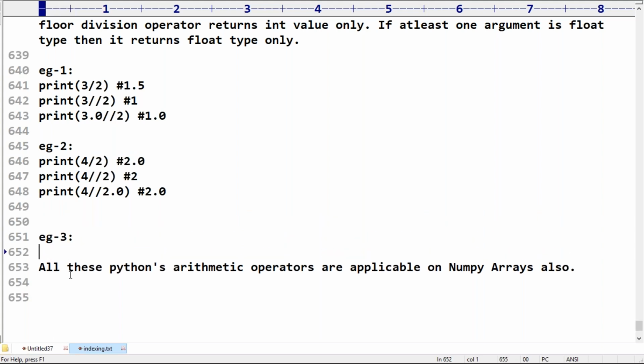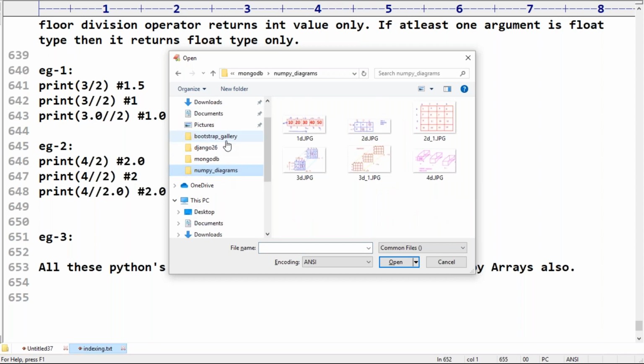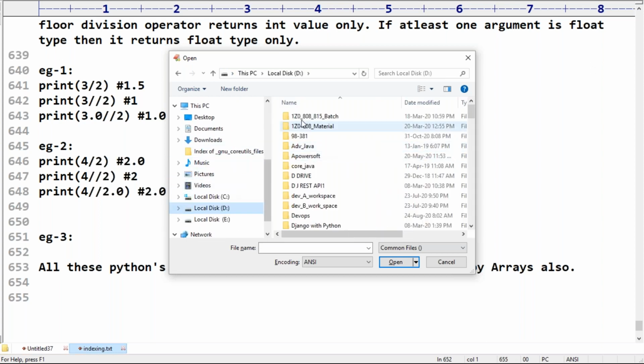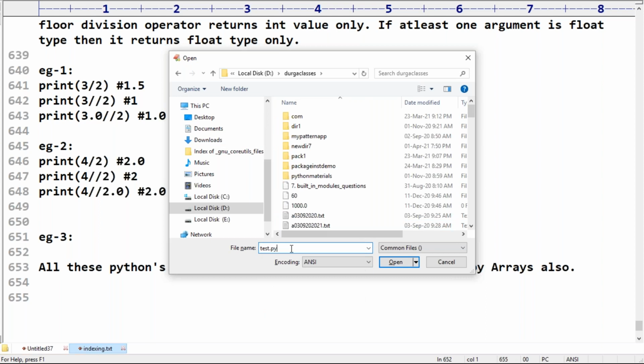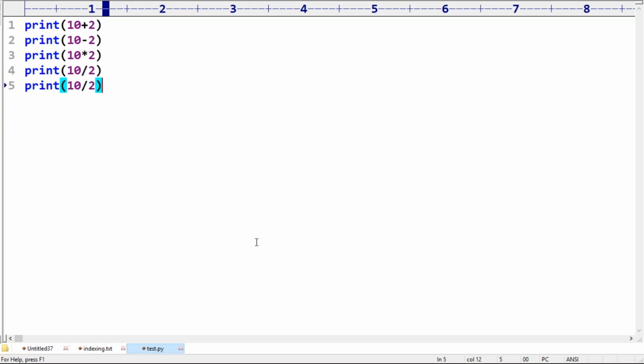Here my requirement is: print 10 plus 2, 10 minus 2, 10 into 2, 10 division 2, 10 floor division 2, 10 modulo 2, and 10 exponent 2.